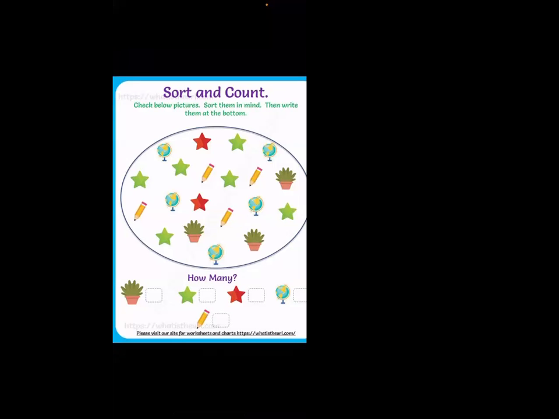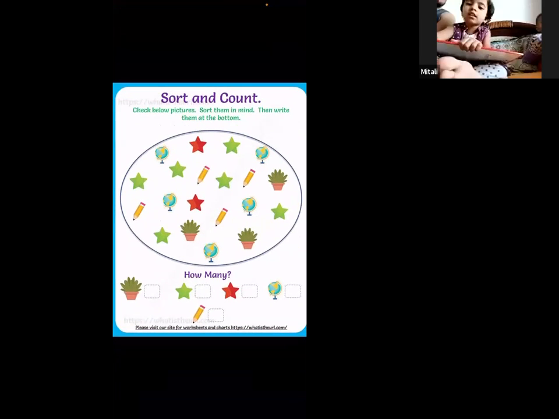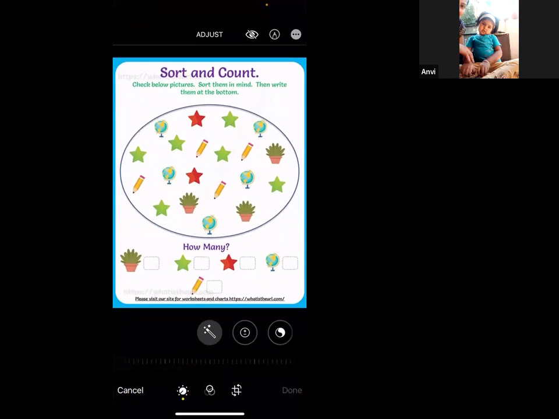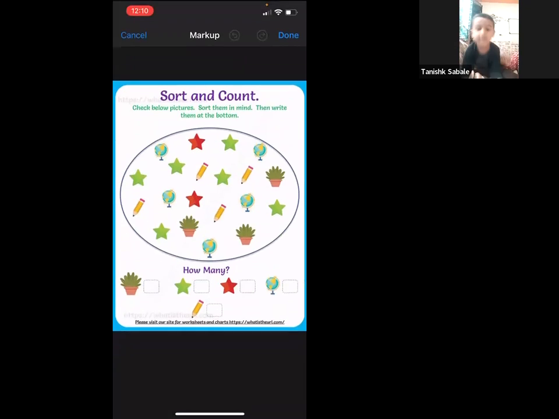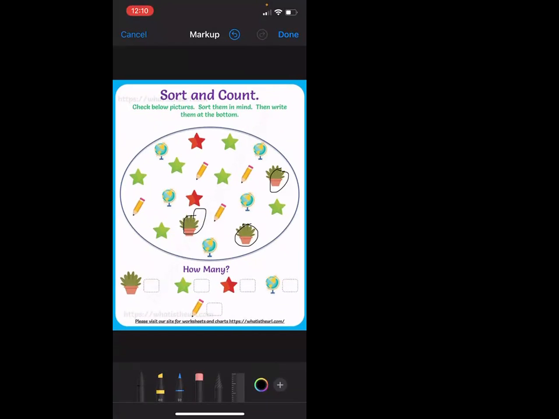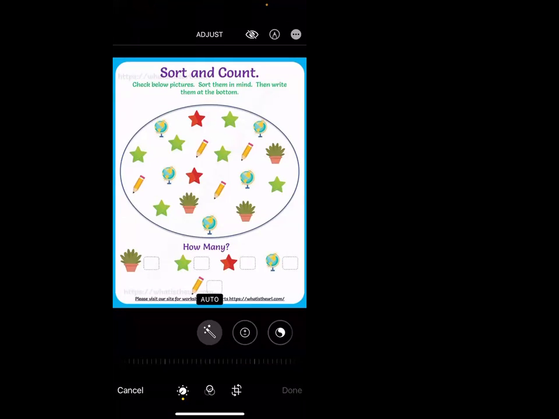Come on, everybody count. 1, 2, 3. Very good. We will mark it. So how many plants? 3 plants. Now, children, the next is star.